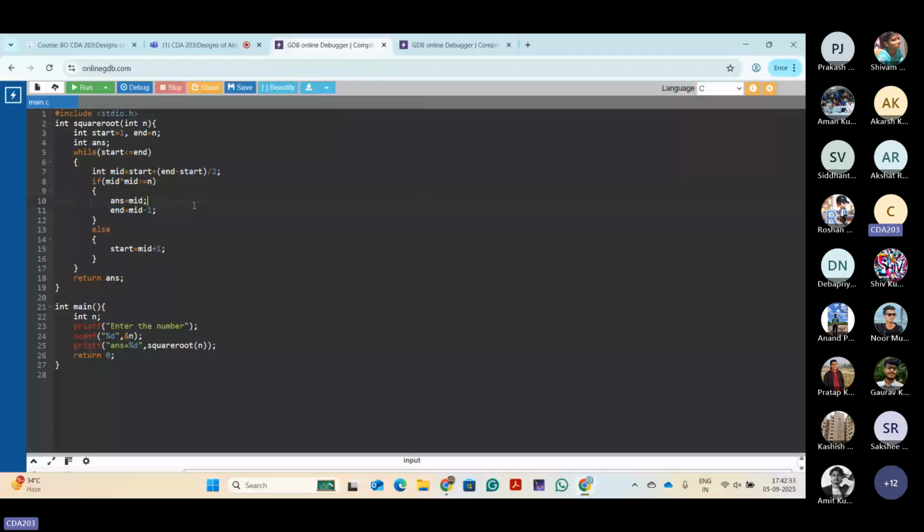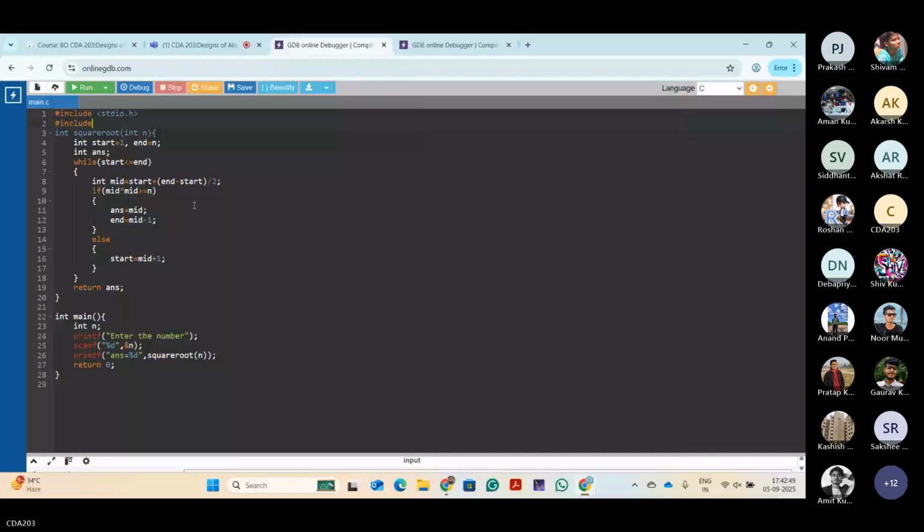Okay, so let me write it. Math.h. Now this allows us to use this function, square root.